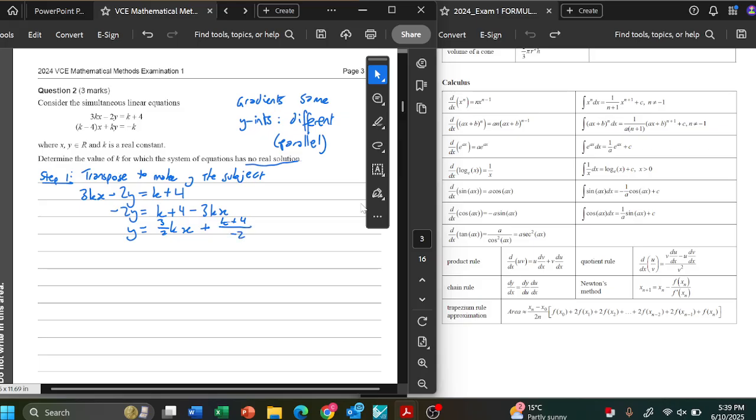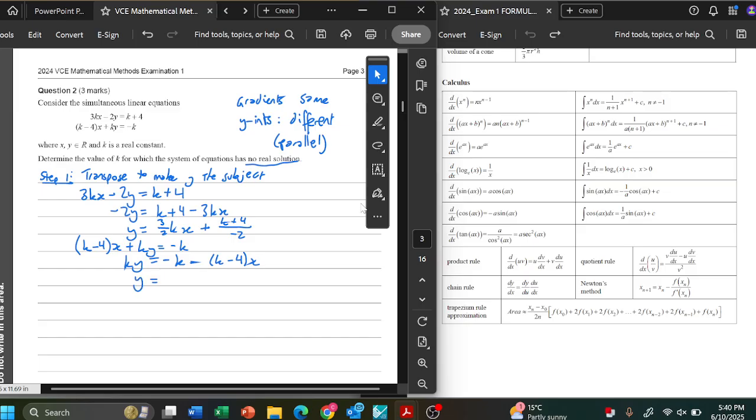Okay, let's now have a look at the second equation. So the second equation is k minus 4x plus ky equals negative k. And let's go ahead and rearrange that guy. We have ky is equal to negative k minus k minus 4x. And then we will divide both sides by k.